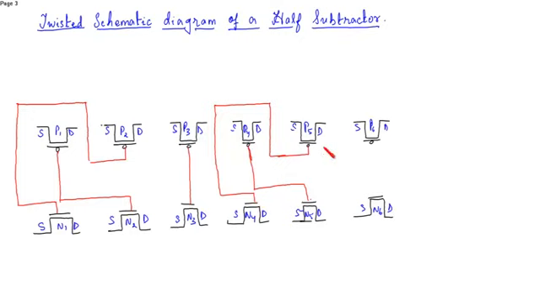And gate of the second PMOS is connected with the gate of the first NMOS. And the gate of the second PMOS and NMOS are connected.